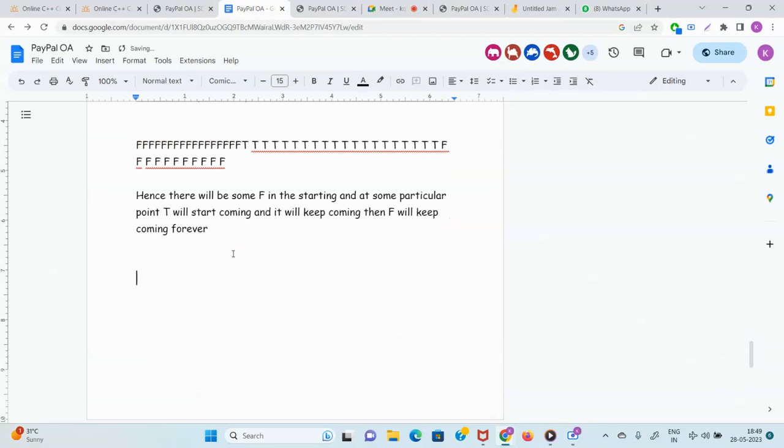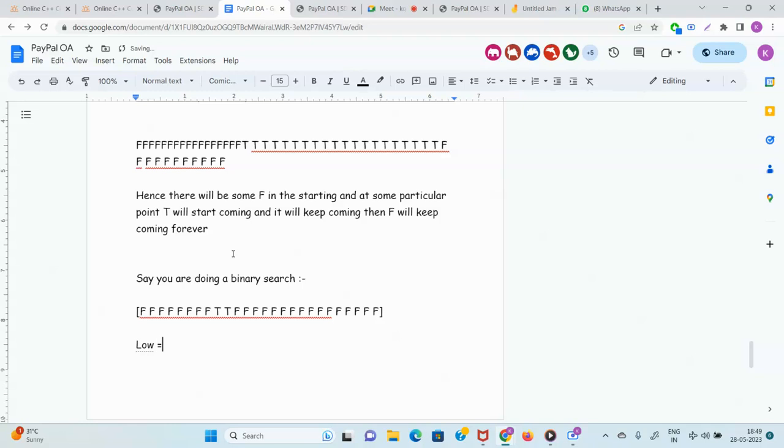say you are doing a binary search, and the values are like this: F, F, F, F, F, F, then T, T, then F, F, F, F, F, F, F, F, F, F, F, F, F, F. So there will be some low.